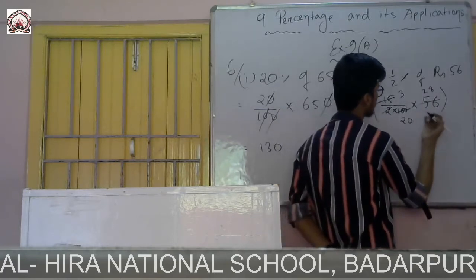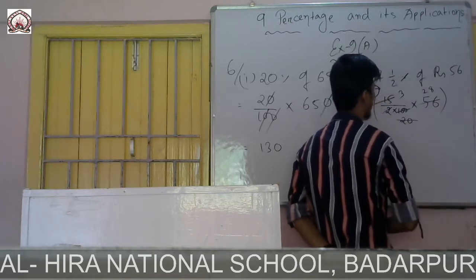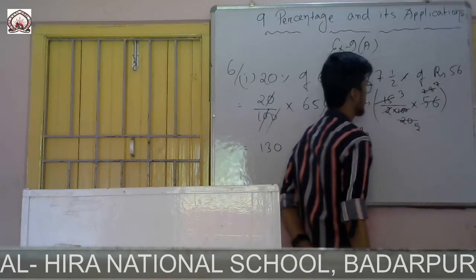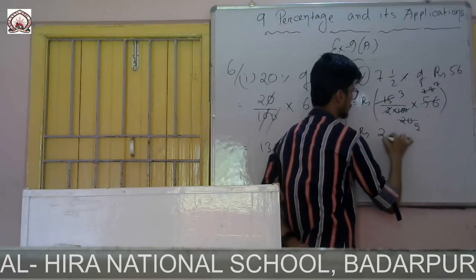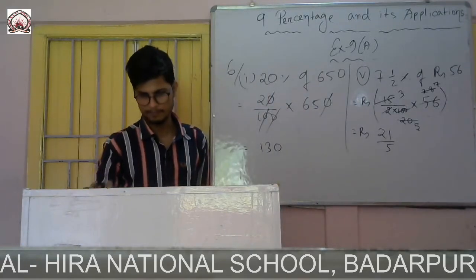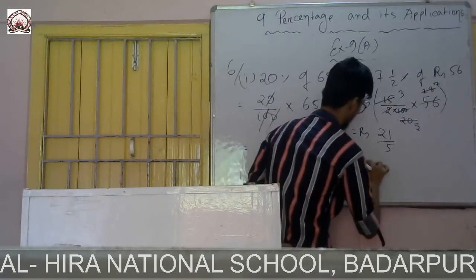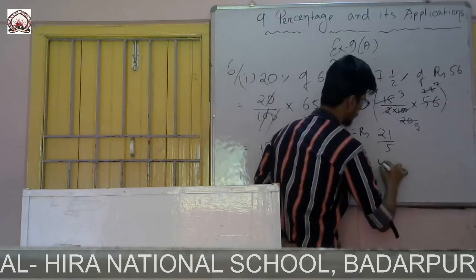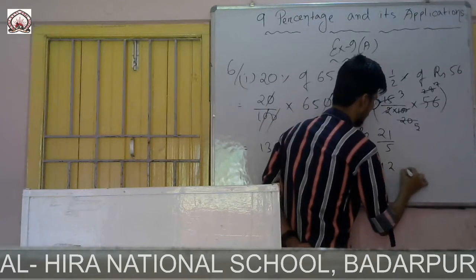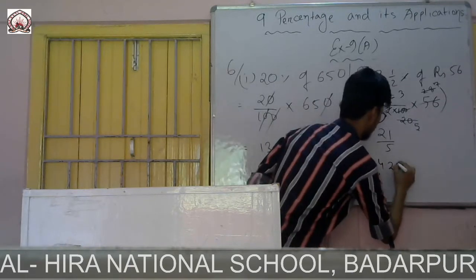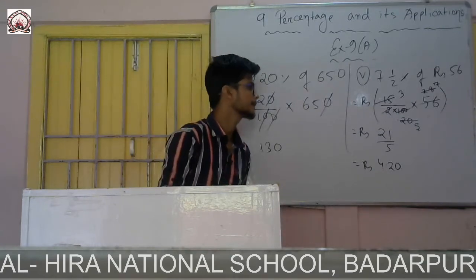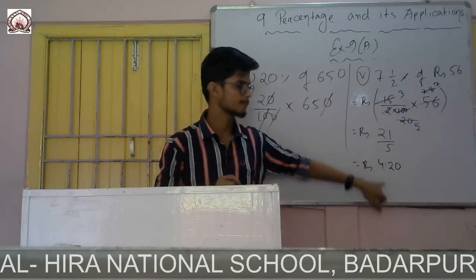Then I can cancel with 4, 5s are 20, and 4 7s are 28. So 7 3s are 21 by 5. If you divide it, it will be 5 4s are 20, and then 1 left. So we'll put a decimal, 0 will be there. 5 2s are 10, 4.2. Since it is rupees, it will be 4.20. You simply divide, you will get 4.20.